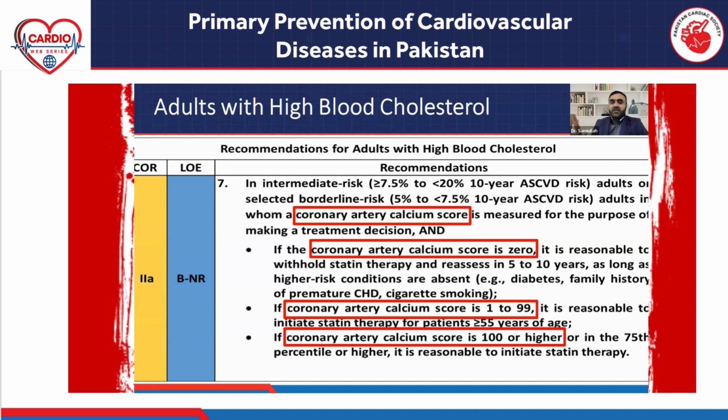While those who have a calcium score of 1 to 99, you may initiate statin therapy for patients who are specifically more than 55 years of age. And if the calcium score is 100 or higher, it is reasonable again to initiate statin therapy in these patients.